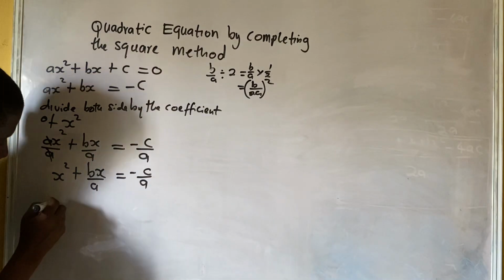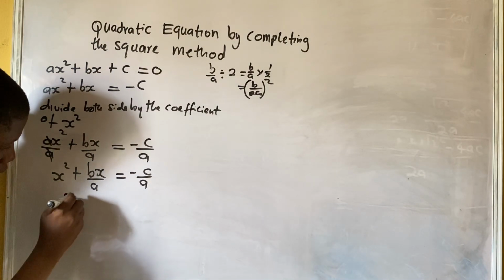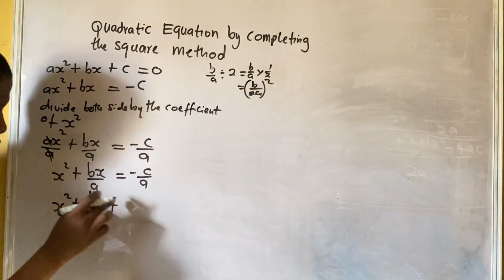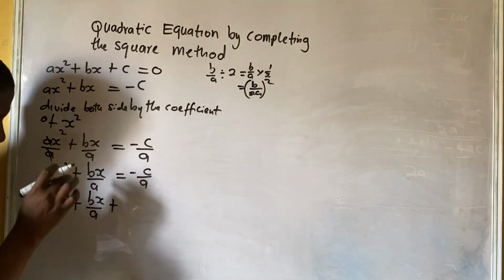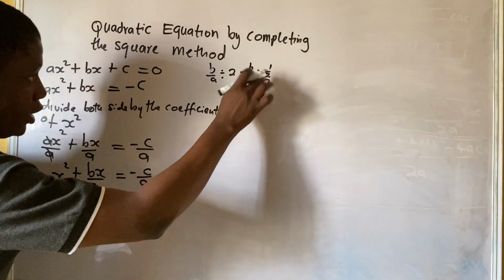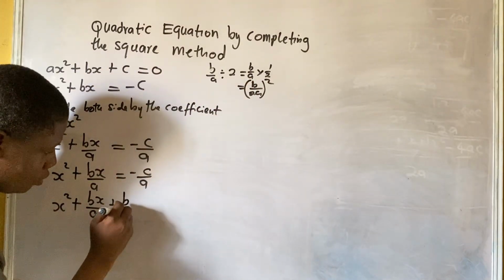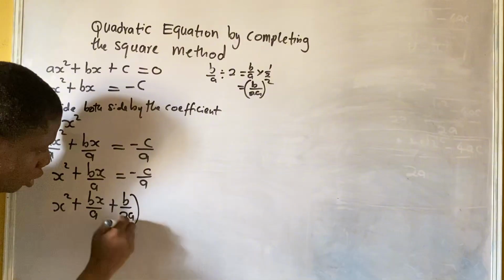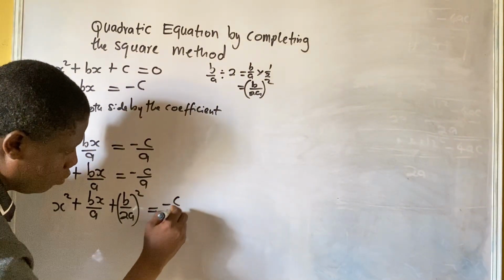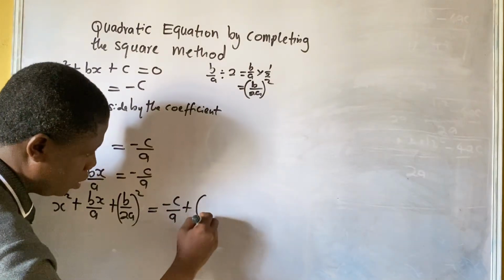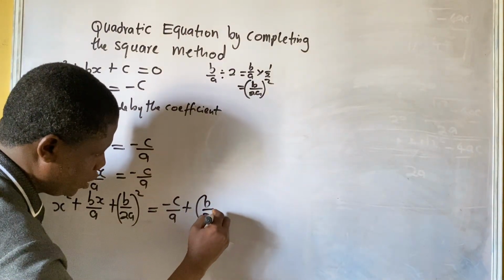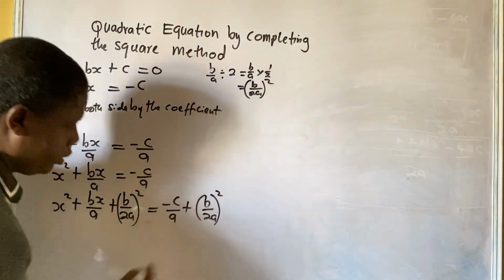So we're going to have what? We're going to have x squared plus bx over a plus the square of half of the coefficient of x, right? Which is what? b over 2a squared. So we have b over 2a all squared is equal to minus c over a plus, you also add it to this side. So we have b over 2a all squared, right?